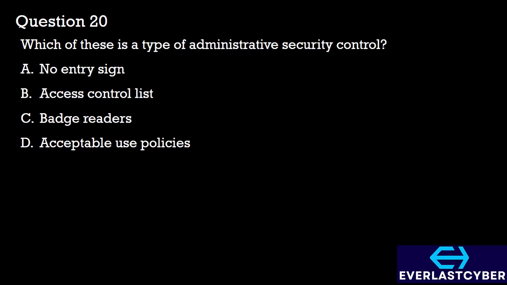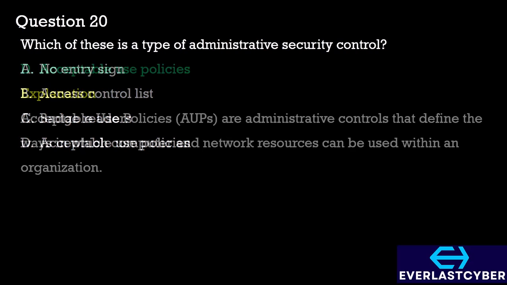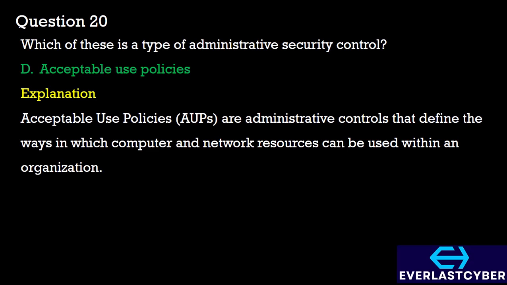So this is more of an administrative control because they outline the acceptable behaviors, restrictions, and responsibilities for employees regarding the use of the organizational assets. So we'll be going with option D. Acceptable use policies are administrative controls that define the ways in which computers and network resources can be used within an organization. So they outline the acceptable behaviors, restrictions, and responsibilities of the employees regarding the use of the organizational assets.